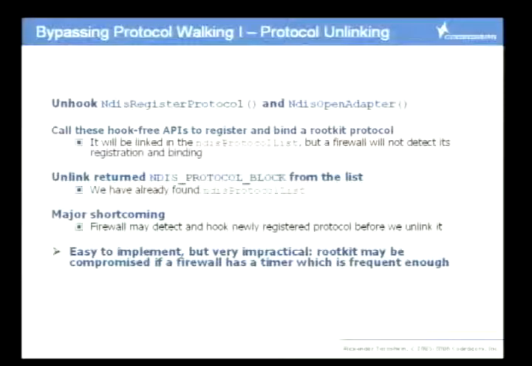But then the rootkit unlinks this protocol because it already knows the NDIS protocol list head, and the information about the address of the NDIS protocol list head is required here because this list is single linked, and we cannot find the head of the list by walking the list upwards.